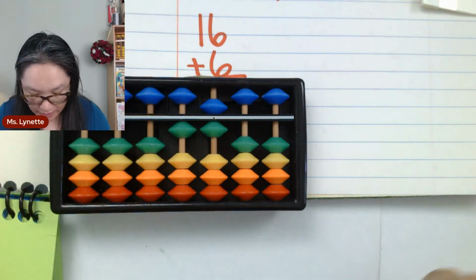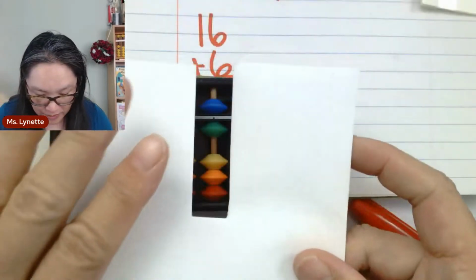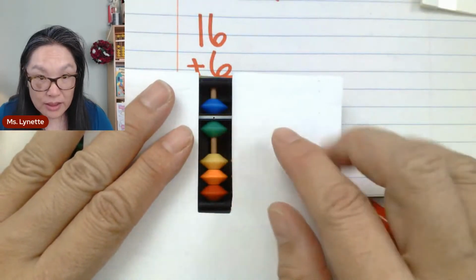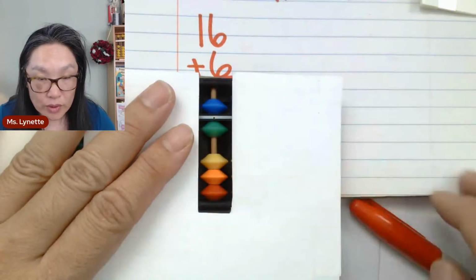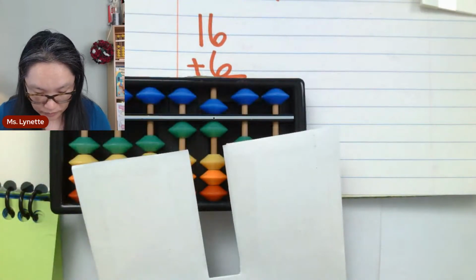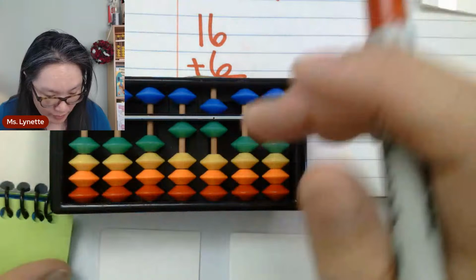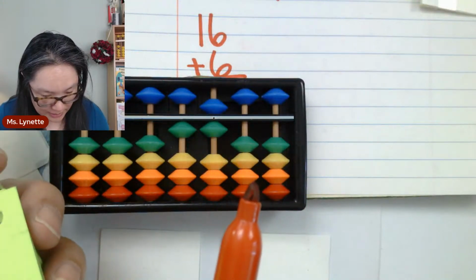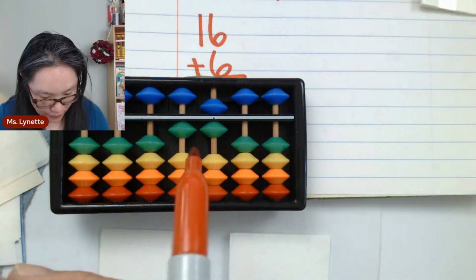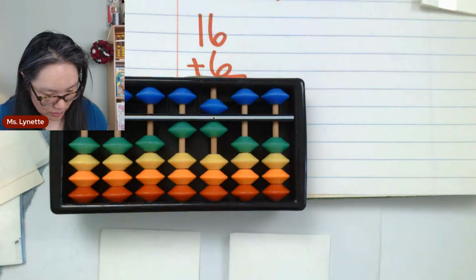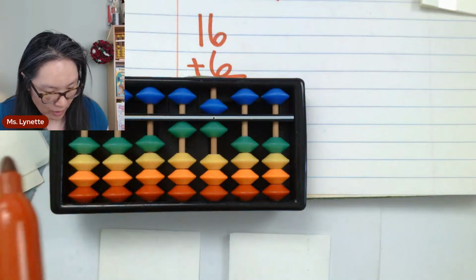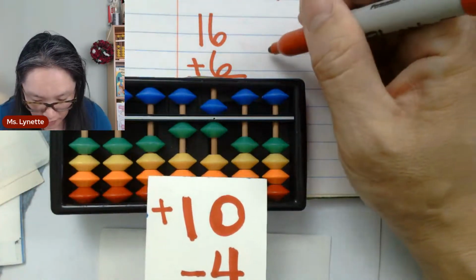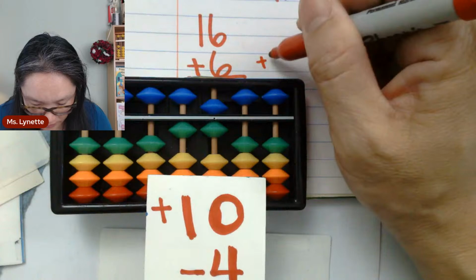So when we look at it, we want to add the 6, but we cannot add the 6. So what do we do? We know our formula: plus the 6 is equal to plus the 10 minus 4.